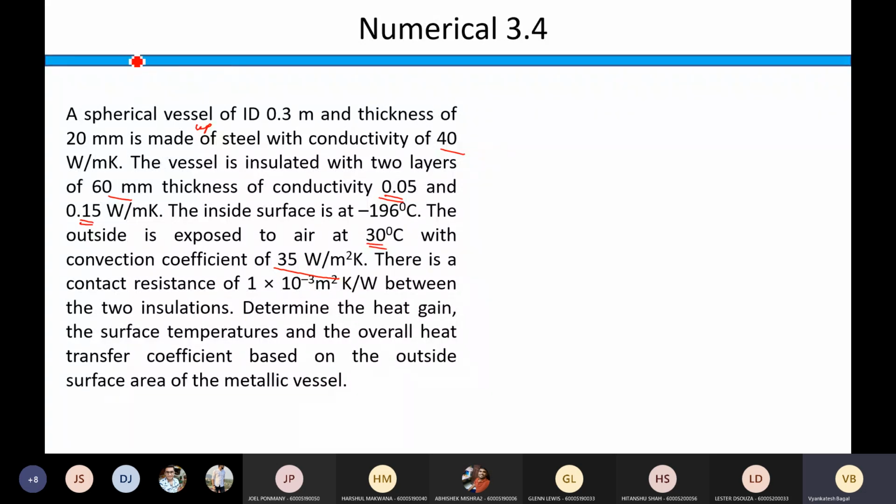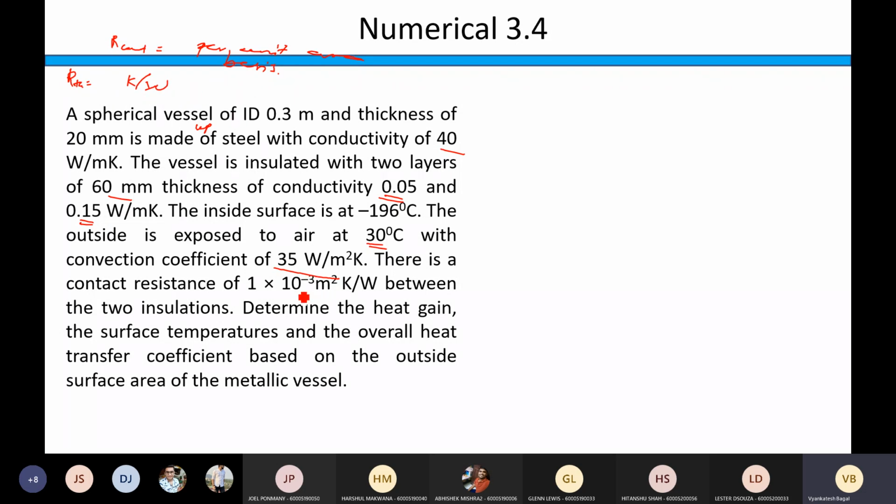So remember the ideal way the contact resistance is specified: contact resistance is always specified on a per unit area basis. In general we write the thermal resistance in units of Kelvin per watt.